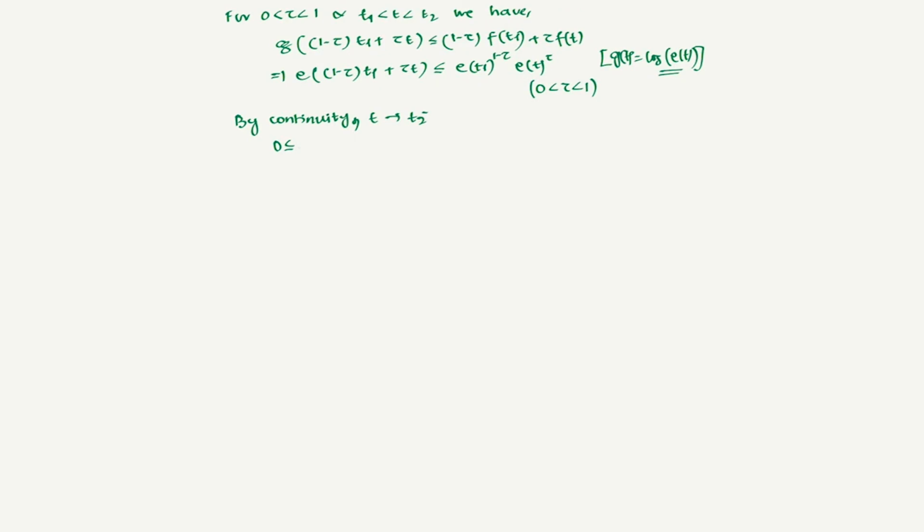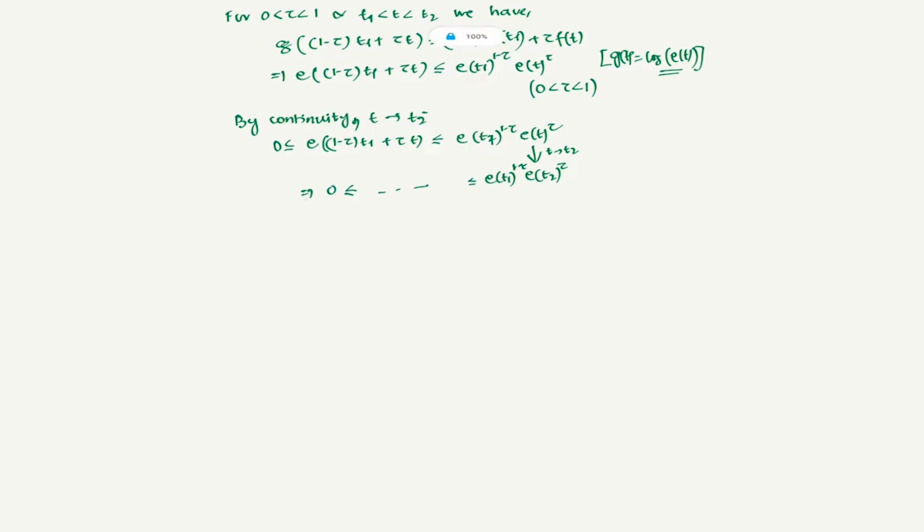So this is 0 less than or equal to e of ((1 minus tau) t1 plus tau t), less than or equal to e of t1 to the power (1 minus tau) times e of t to the power tau. Now when t goes to t2, this will go to e of t2 to the power tau times e of t1 to the power (1 minus tau), which is less than or equal to 0, okay.